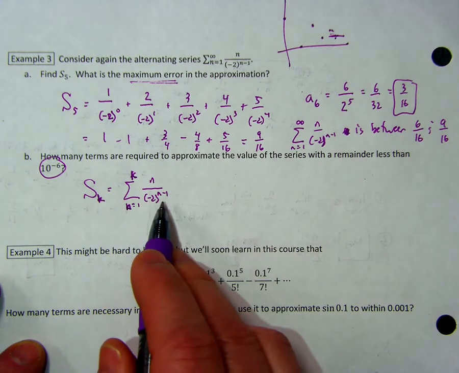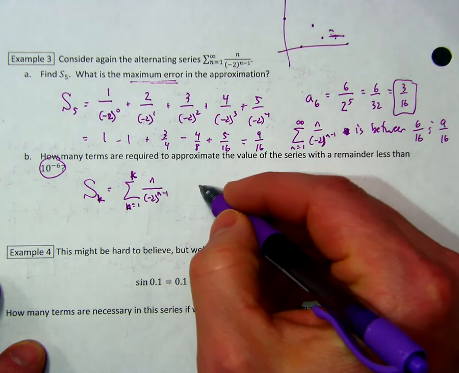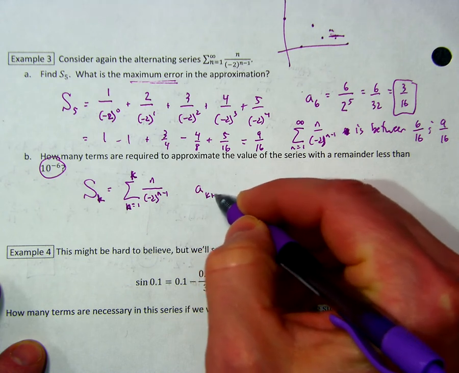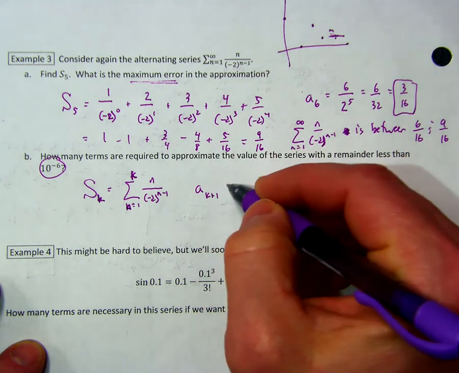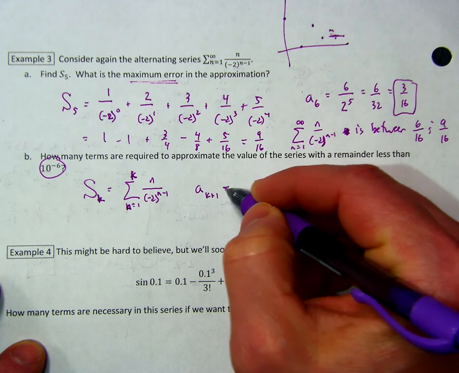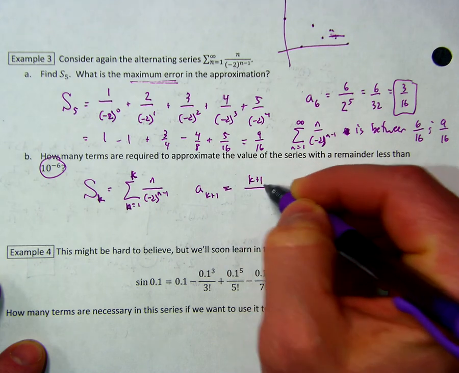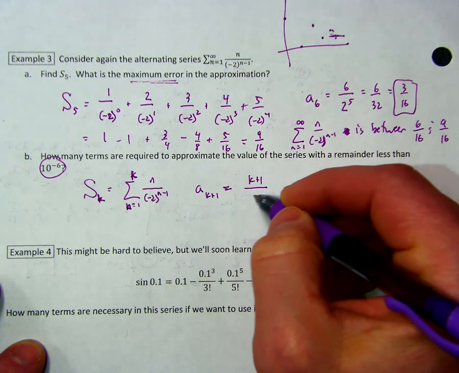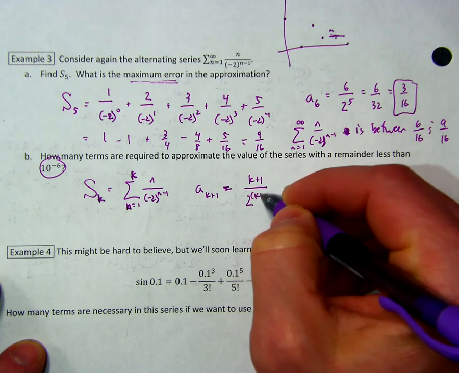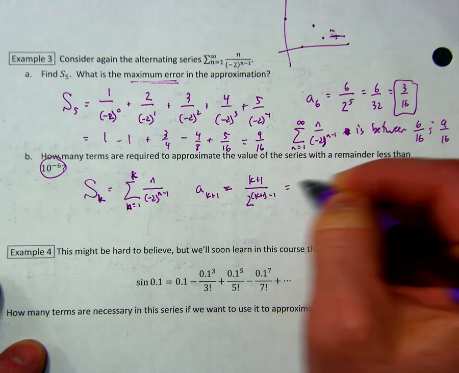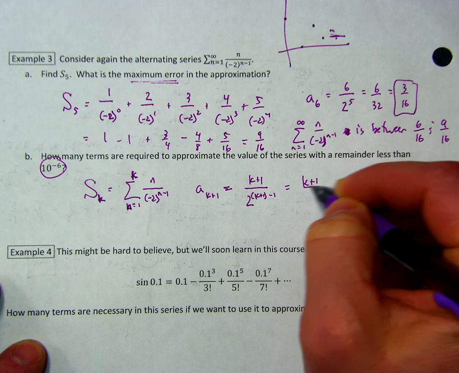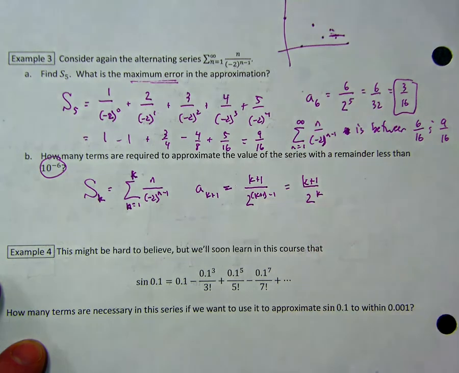And the error is always the next term, a sub k plus 1. So that would be k plus 1 over, ignoring the alternating part, 2 to the k plus 1 minus 1, which is k plus 1 over 2 to the k.